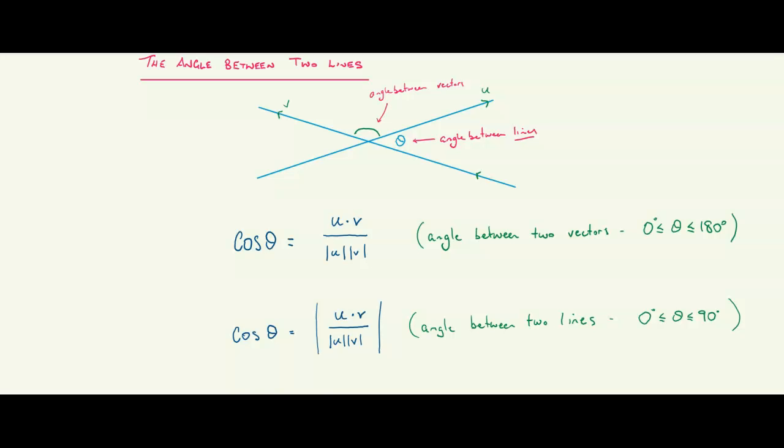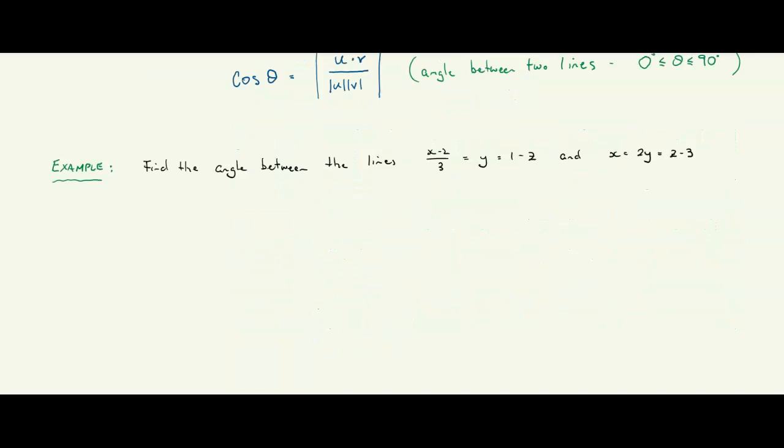All right, let's look at an example. Okay, let's find the angle between these two lines. I've got two lines here defined by 1 and by 2. The first thing we need to do is rewrite these equations so that I can see what direction they're heading in. This is equation 1, this is equation 2. I'll write 1 as x minus 2 over 3. That all looks good, but I want to read all of them in the same fashion.